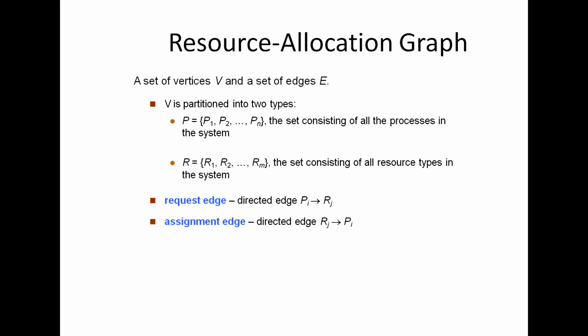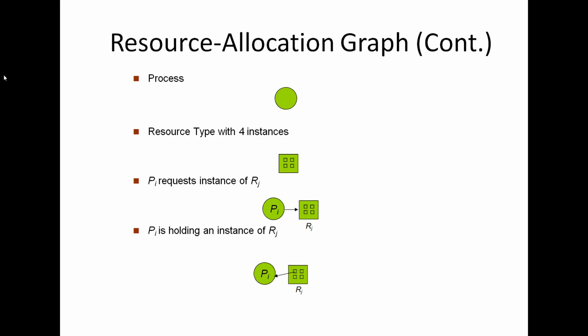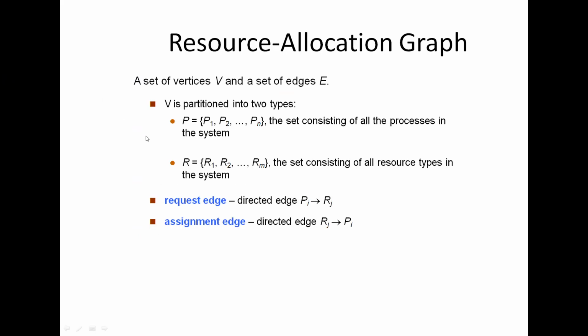And we have two edges available. One is a request edge and the other one is an assignment edge. Request edge means that process Pi is waiting, requesting a resource Rj.